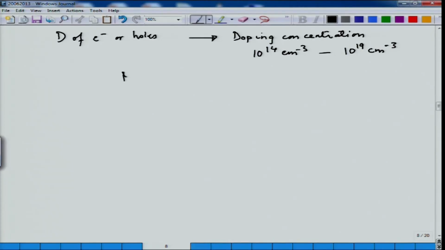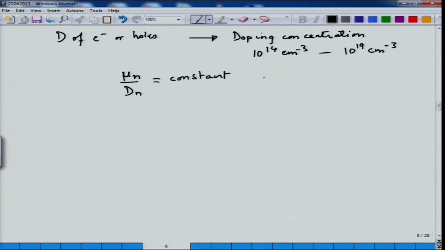Here we are going to use the Einstein relationship, which basically says that mu n, if I am talking about electrons, divided by D n for a non-degenerate semiconductor is a constant. Basically, whatever relationship we found for the mobility of carriers and doping concentration, the same behavior will be seen for the diffusion constant.